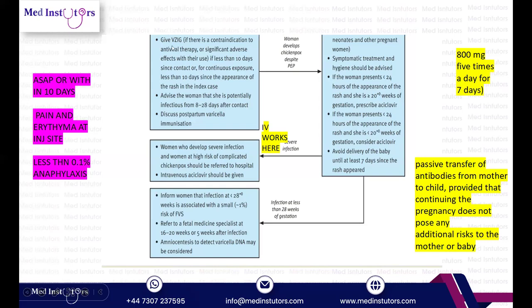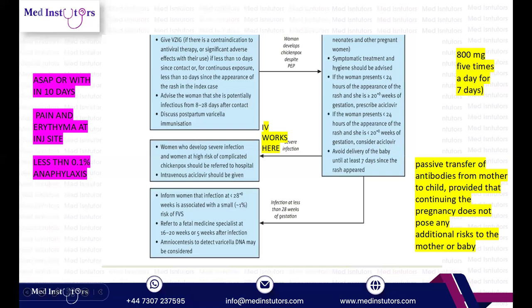We inject them in order to prevent the infection in these people. But it should be given as soon as possible or at least within 10 days. So that is important, right? We should not wait for 7 days, but we have to give it either as soon as possible or maximum within 10 days. That is it.